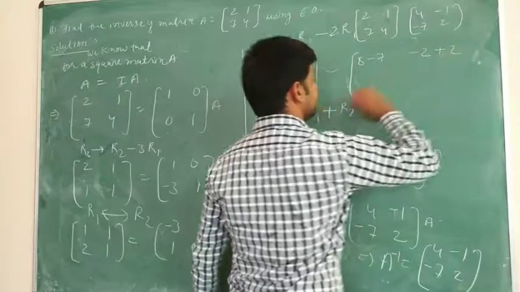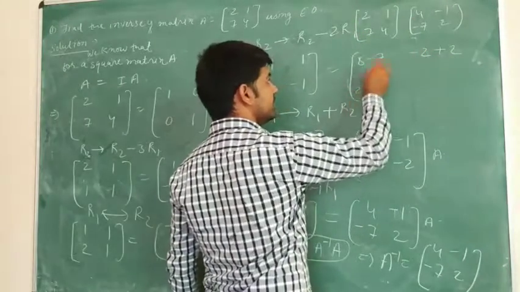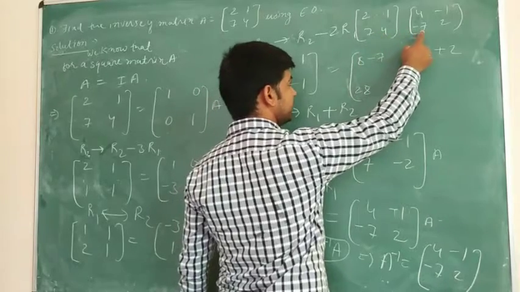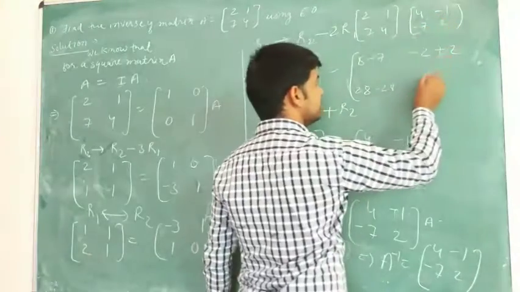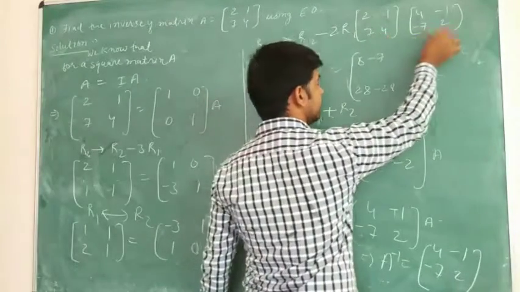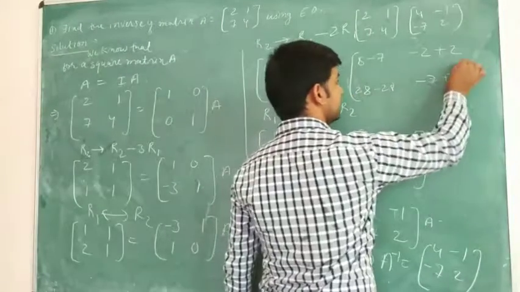The next one, 7 multiplied by 4 is equal to 28, and then plus 7 multiplied by minus 7 is equal to minus 28. 7 multiplied by minus 1 is equal to minus 7, and 4 multiplied by plus 2 is equal to plus 8. Okay.